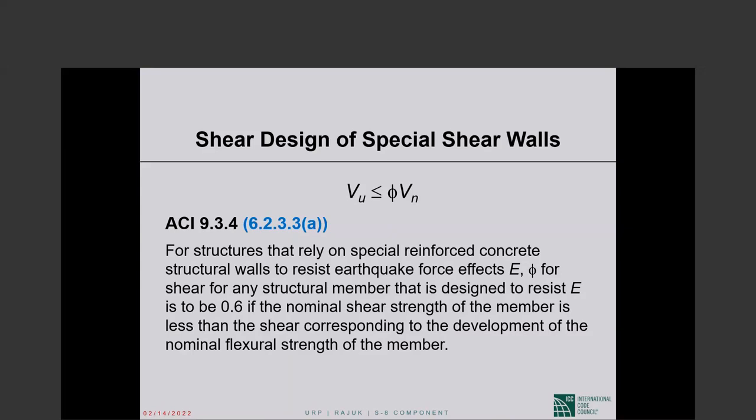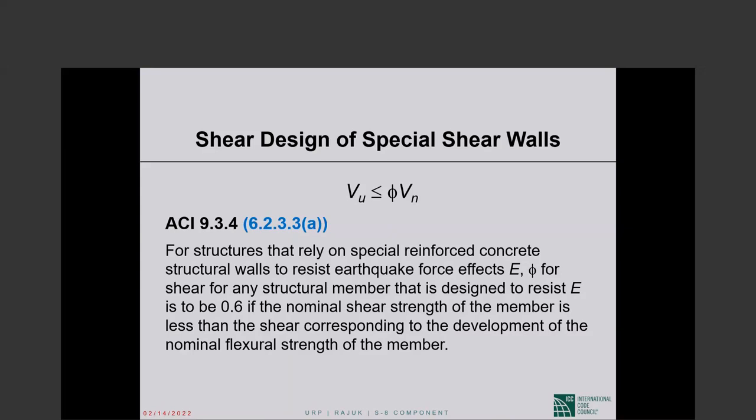There are a lot of people who design for a phi of 0.6 across the board, but that is not intended by the code, and that in a way would be wasting your client's money when shear failure simply is not a possibility.